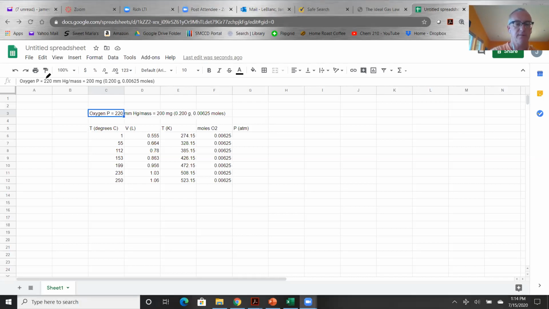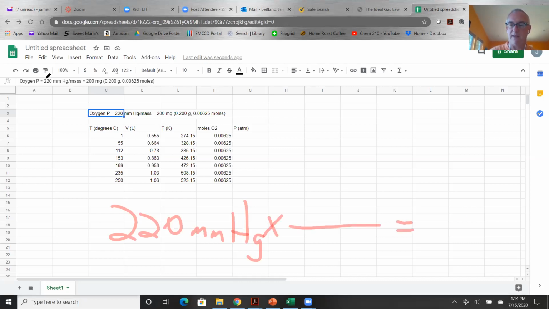So I got 220 millimeters of mercury. I need to multiply that by something to get atmospheres. So what do I multiply that by? One ATM equals 760 of those millimeters of mercury.